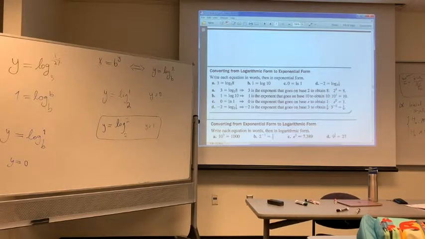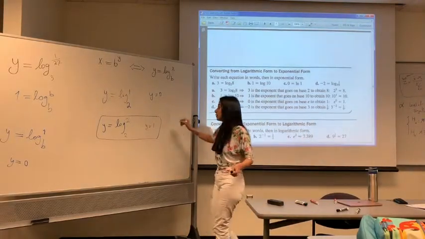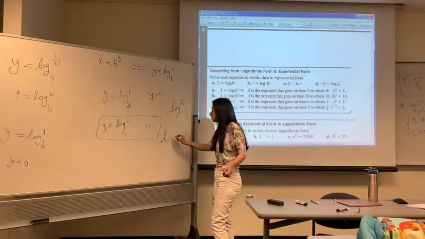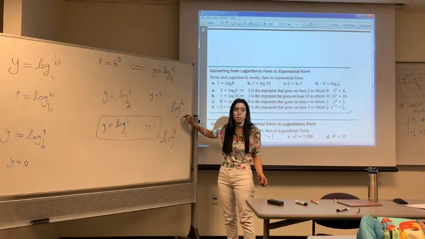Because 10 power 1 is equal to 10. So from now on, you should know that if you don't see any base for log, the base is always equal to 10. I'm saying any logarithm you see, log 2, log 5, any logarithm. If you don't see any base here, the base is always equal to 10, always.